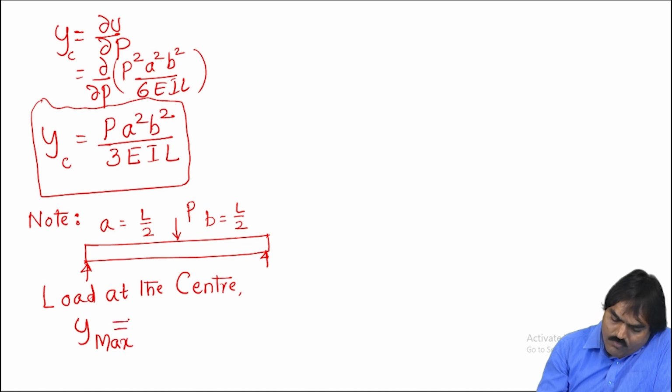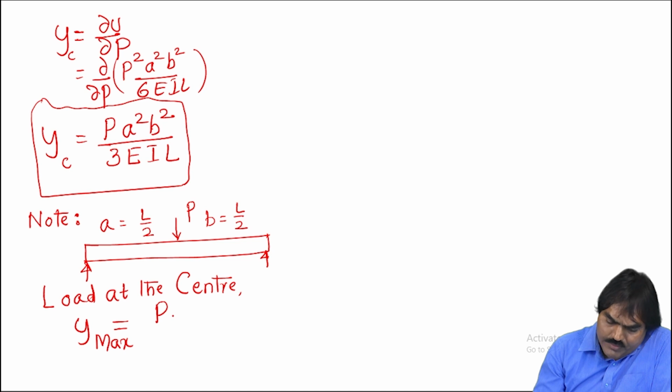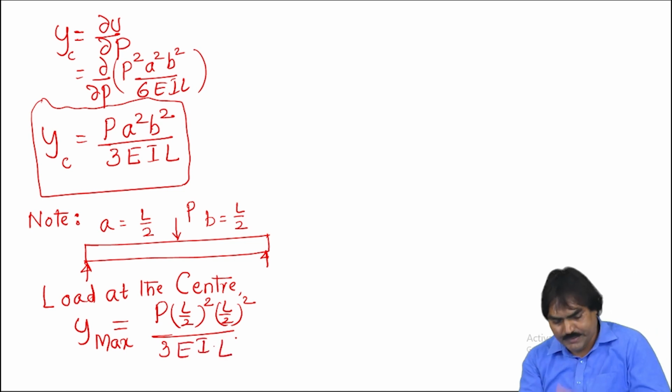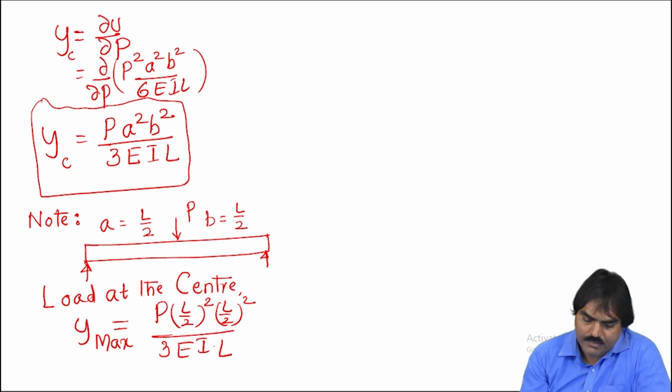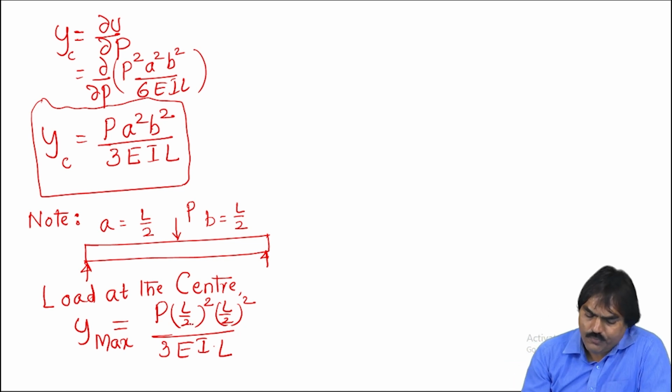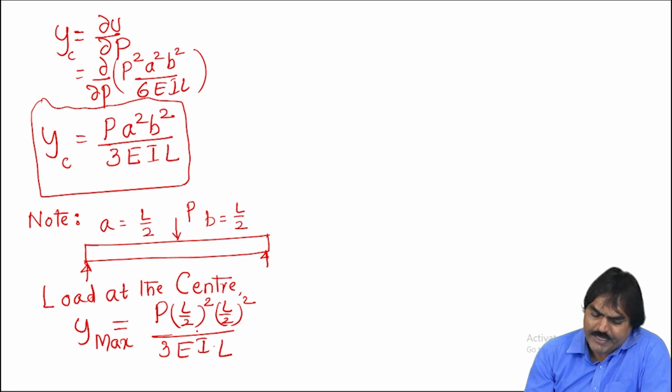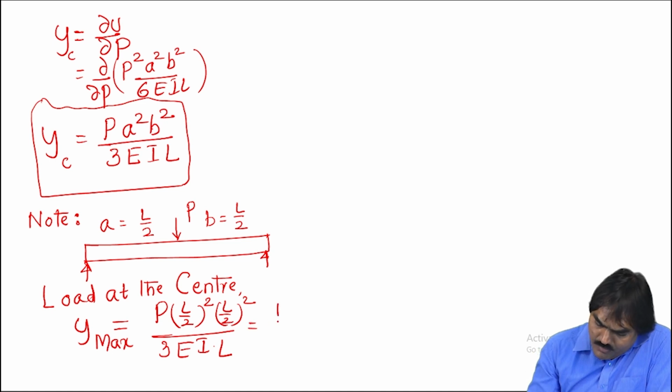That is, Y max is given by P into L by 2 whole square, L by 2 whole square, by 3EI into L. So 4 into 4, 16. 16 into 3, how much?